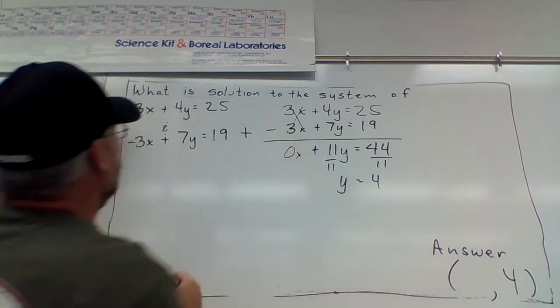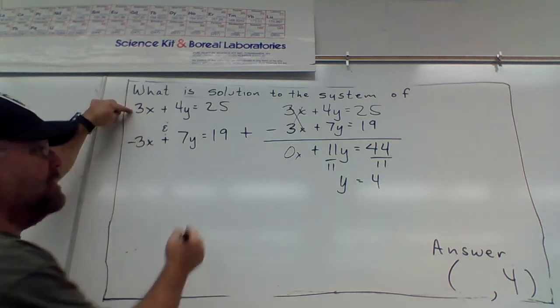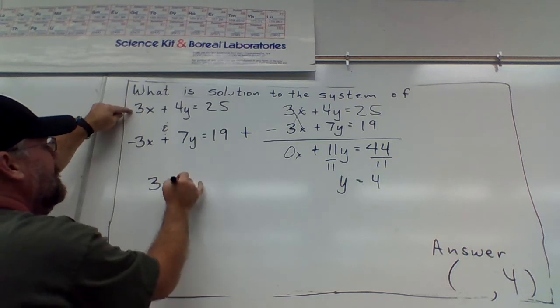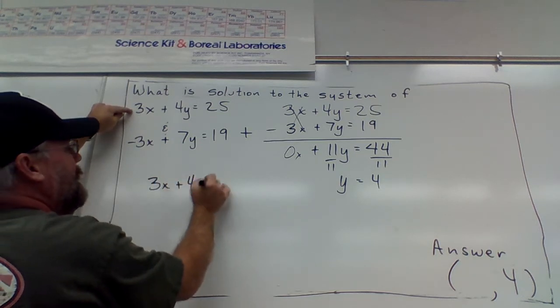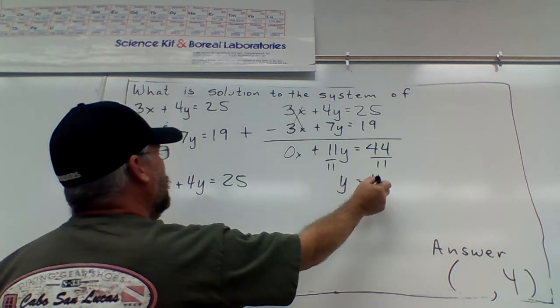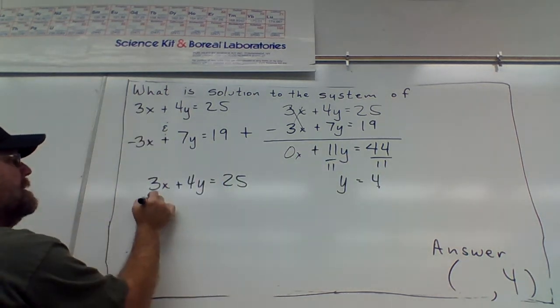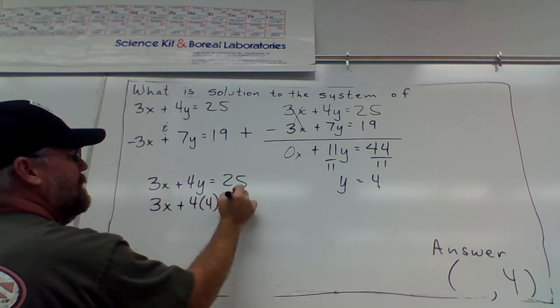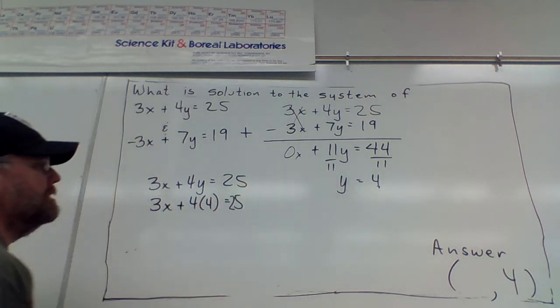Let's do the first one, 3x plus 4y equals 25. I'm going to take that 4 for the y and plug it in here. So 3x plus 4 times 4 equals 25.